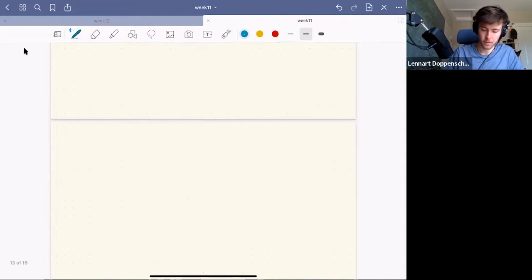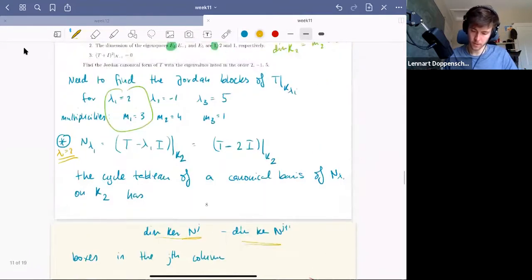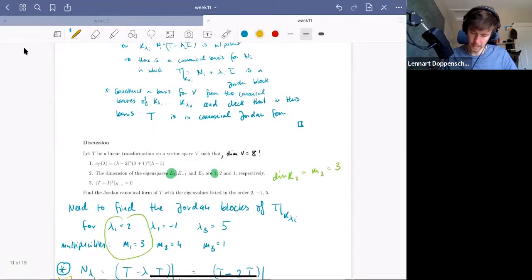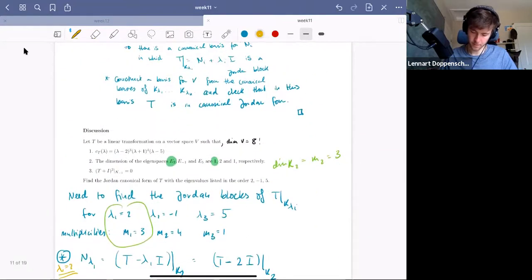So we're going to have now the second case where lambda 2 is equal to, what was it, 5? Minus 1.